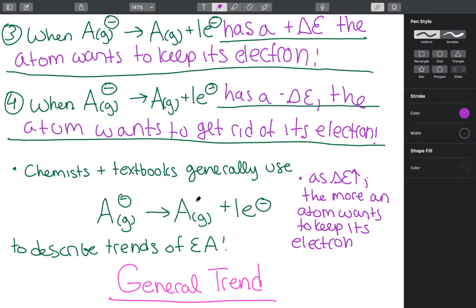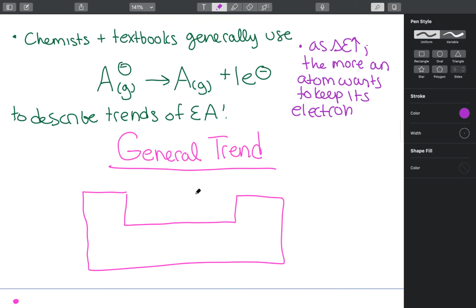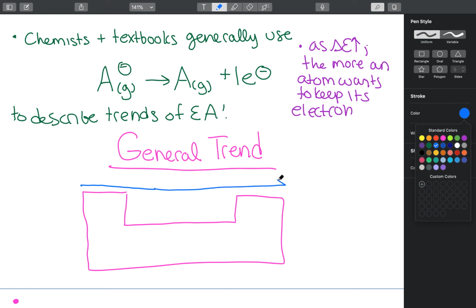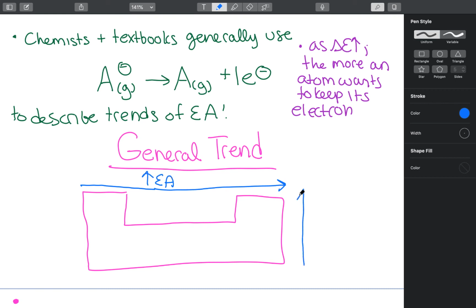So using what we learned up here, we can now describe the general trends associated with electron affinity on the periodic table. As we go from left to right, electron affinity increases in general. And as we go from bottom to top, electron affinity tends to increase as well.